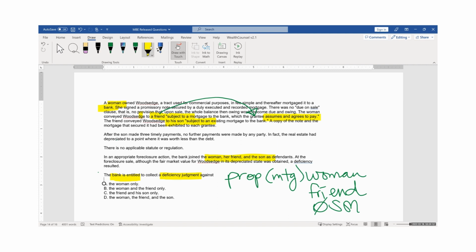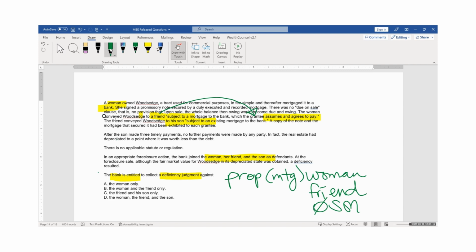So now the bank is going after these three parties, and the call of the question asks, the bank is entitled to collect a deficiency judgment against. Answer choice A, the woman only.